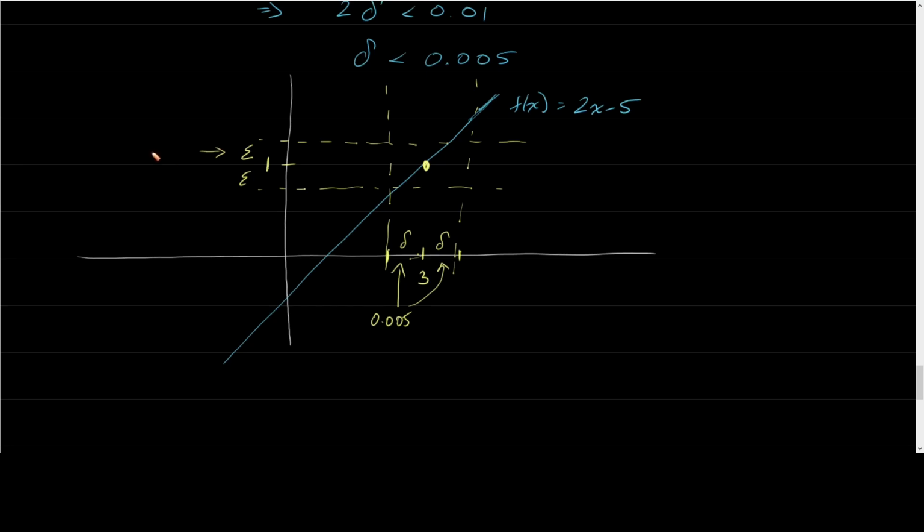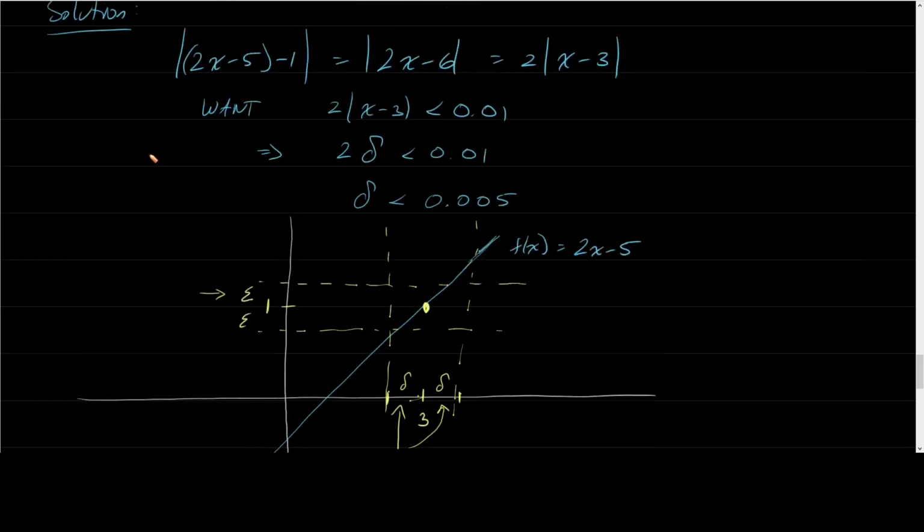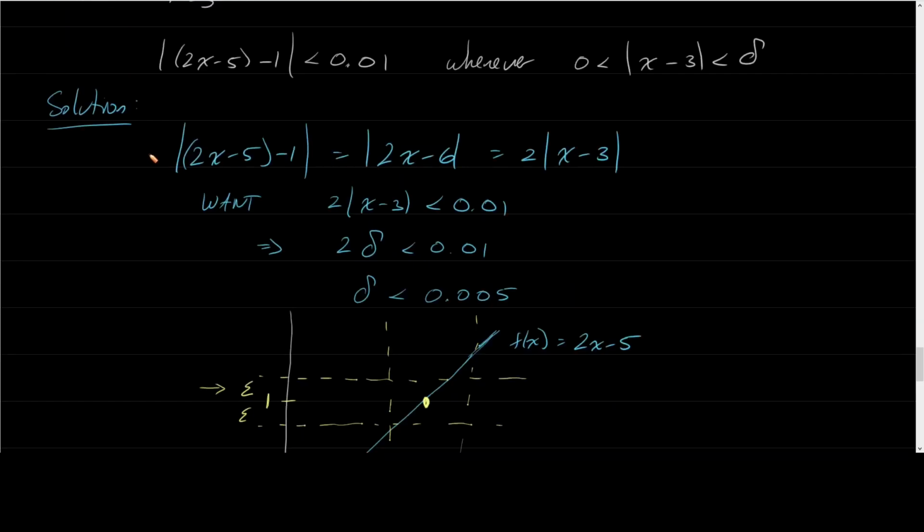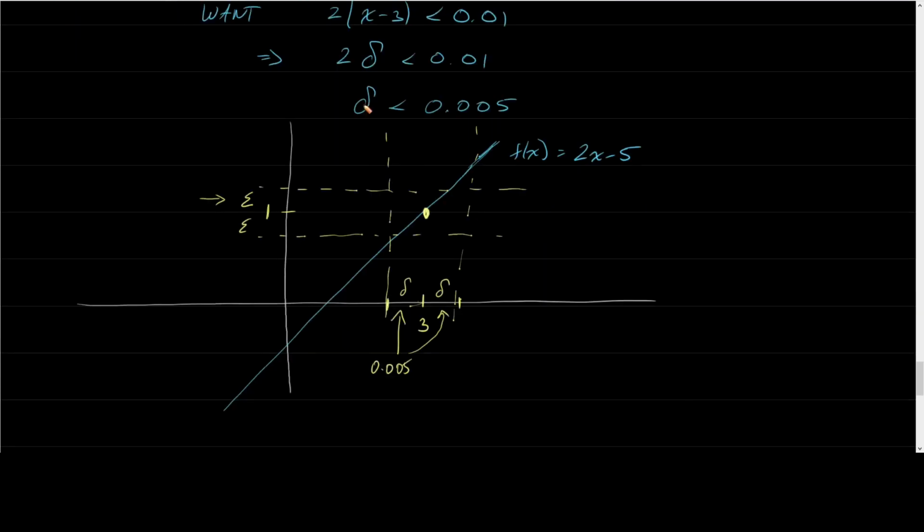And what was epsilon? I guess 0.01. There we go. This is epsilon. So we're guaranteeing that we're going to stay within 0.01 units of 1. So that's what this showed, right?